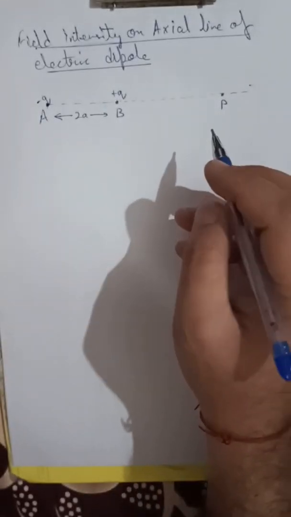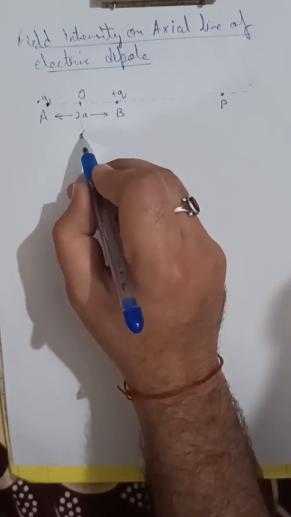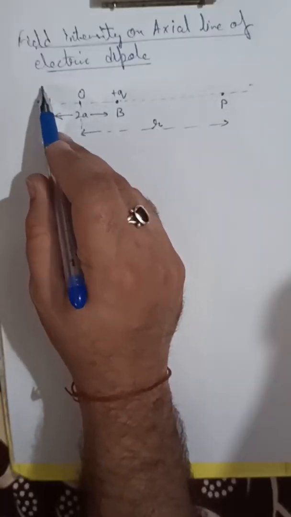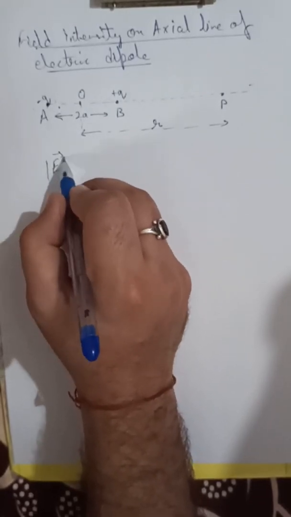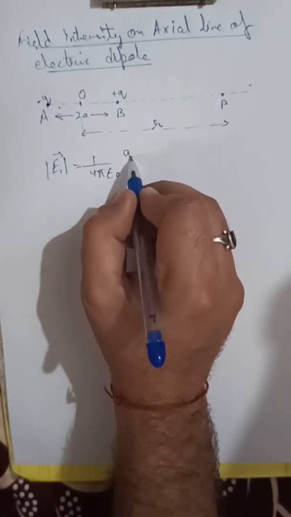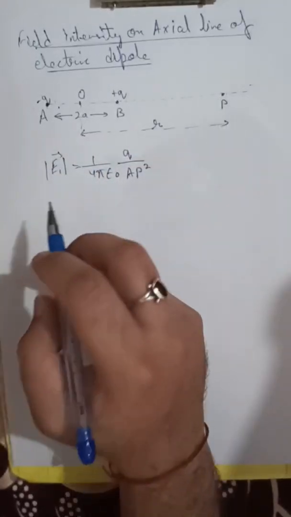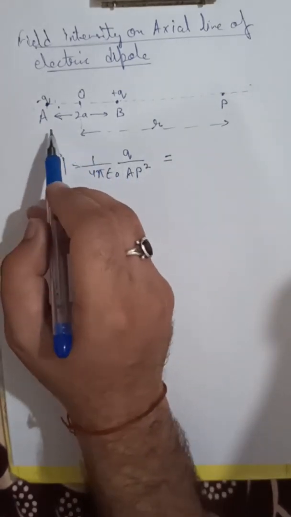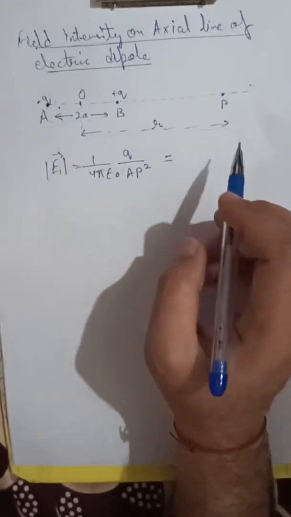So from the center O, let us take the distance from here to the point P as R. Electric field intensity of this is E1 and this is E2. So E1, only taking magnitude, will be equal to 1 upon 4 pi epsilon naught q upon AP square, this whole distance. So this distance is A, and this is R. So A plus R, AP.